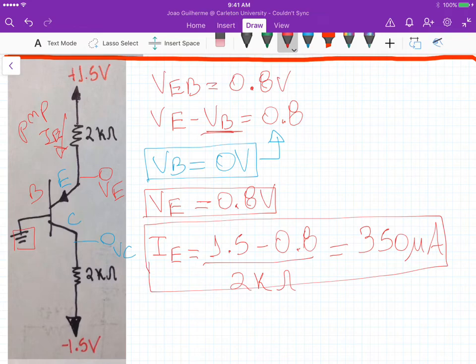And again, we can calculate the collector current using the common base current gain, alpha.